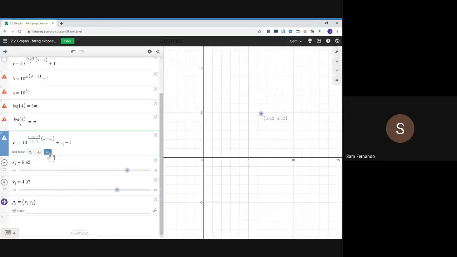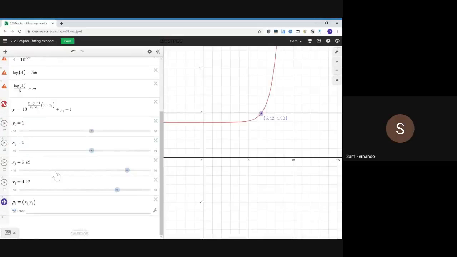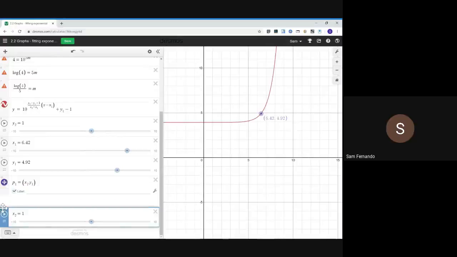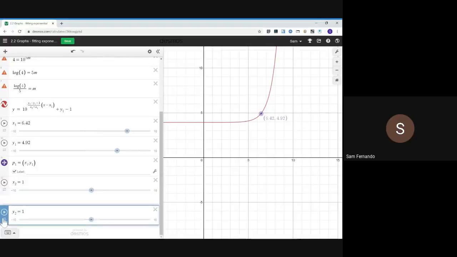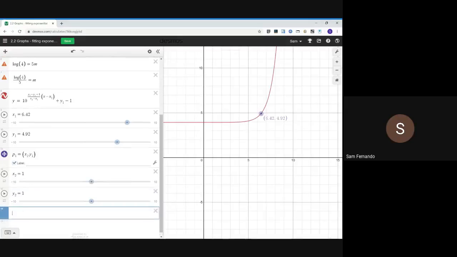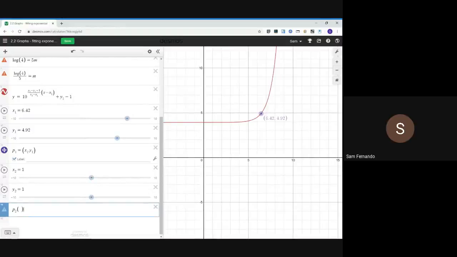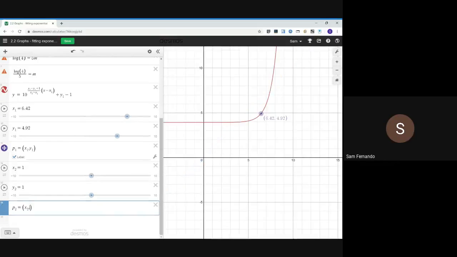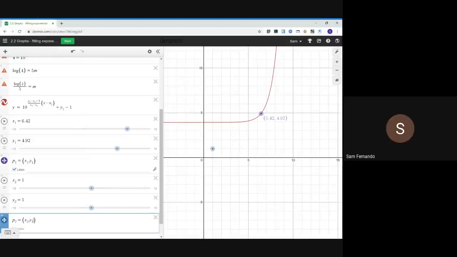So let's make these new sliders. I'll just move them below. I've got some new point P2, which is at x2, y2. And I am hoping that my exponential curve goes through that point.